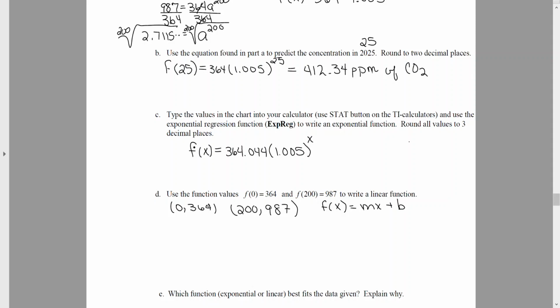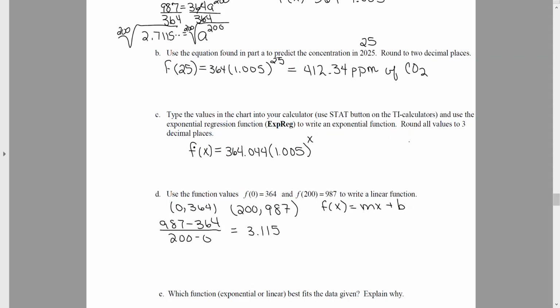Right, so I need to find my slope. 987 minus 364, the change in y's over the change in x's. Compute the numerator, compute the denominator, and do my division. And when I do that, you should come up with 3.115.